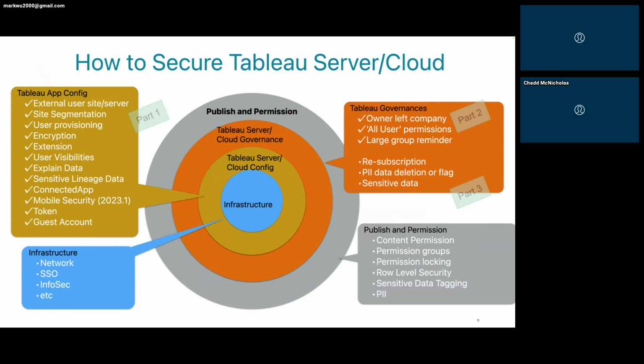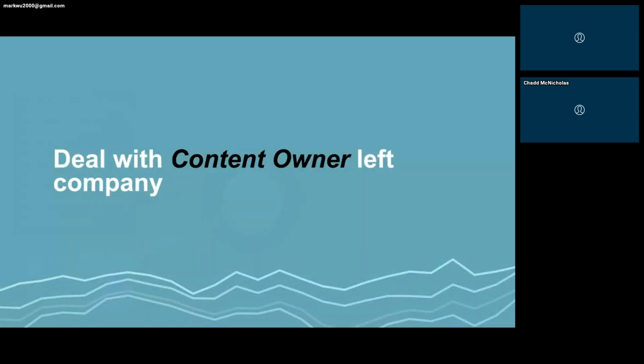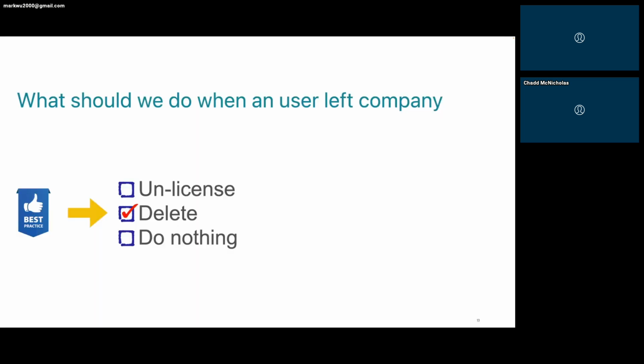Let's dive into additional security measures that can be done. Last time we talked about three things. One is what happens if the content owner leaves the company. Overall, what should we do when a user leaves a company? The best practice is always to delete them.